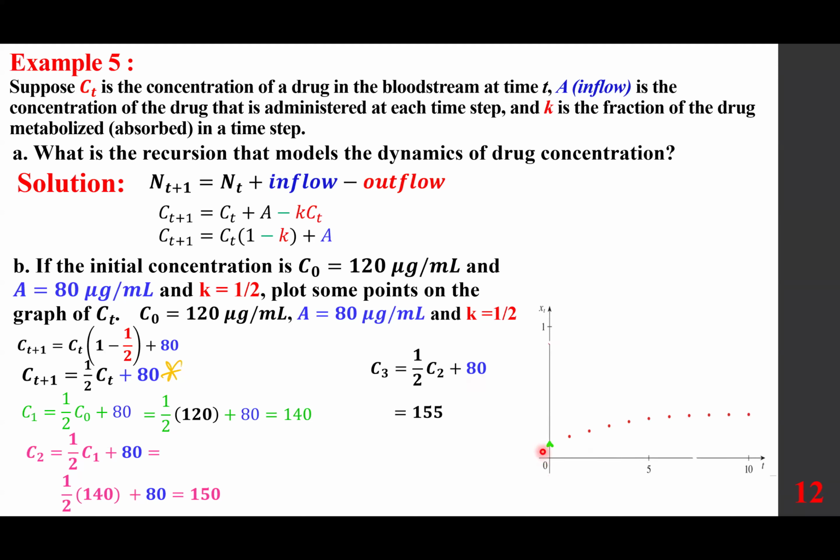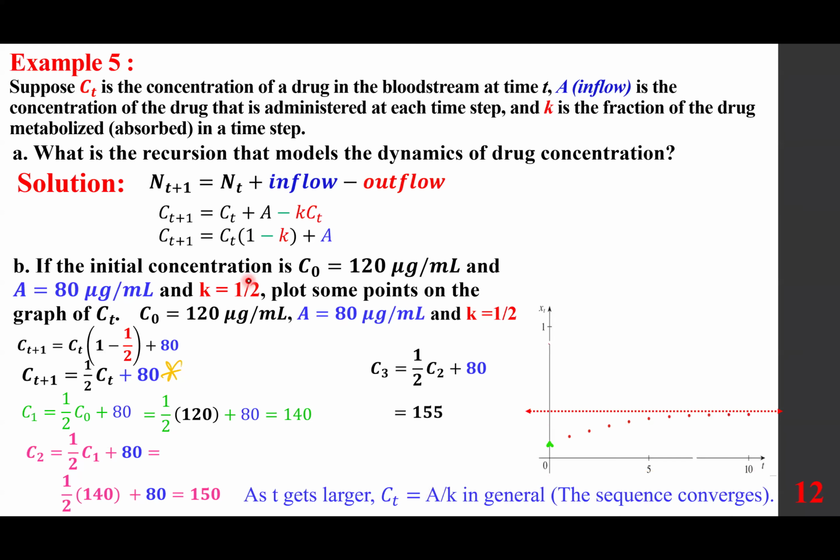For example, the beginning C sub 0 is 120. By the way, as I mentioned, normally this is 0, okay? And as you can see, it tapers off, so it gives you this limit or the horizontal line, and that is A over K. In this case, A is 80, K is 1/2, and we get 160.